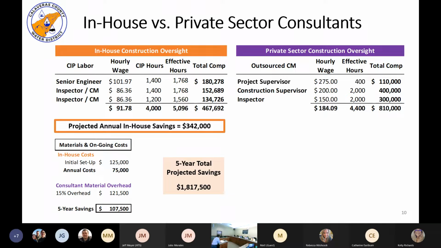We had 2 inspectors 2 years ago, and it felt like we needed that person back in the field, and that person's now a water distribution operator. So we have some flexibility when it comes to inspectors, and we know there's always some attrition and turnover among field staff. So if we got to that point in 5 years, that would be great.